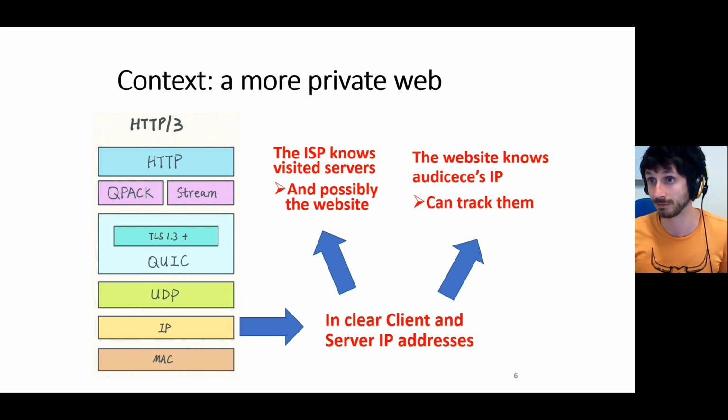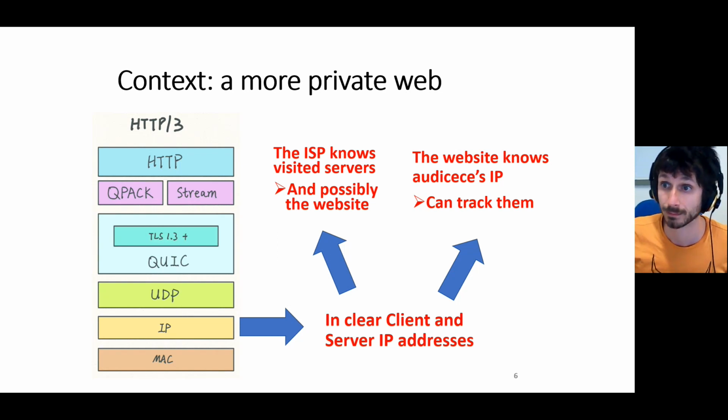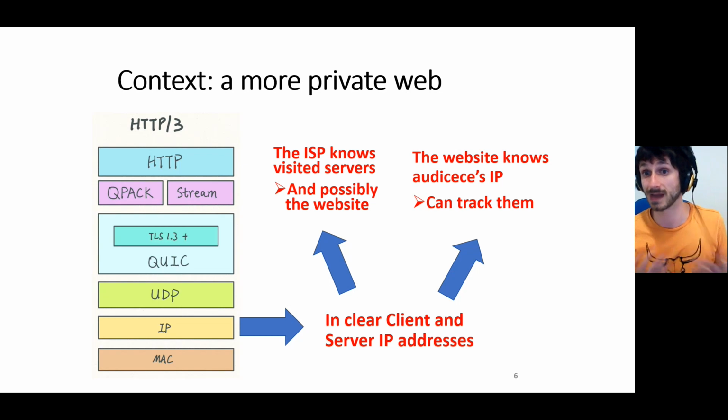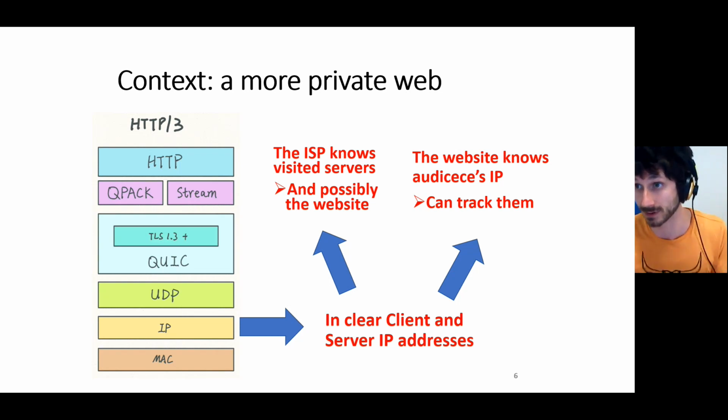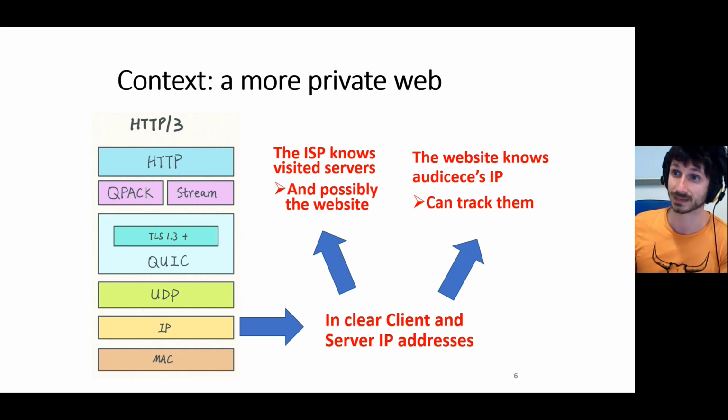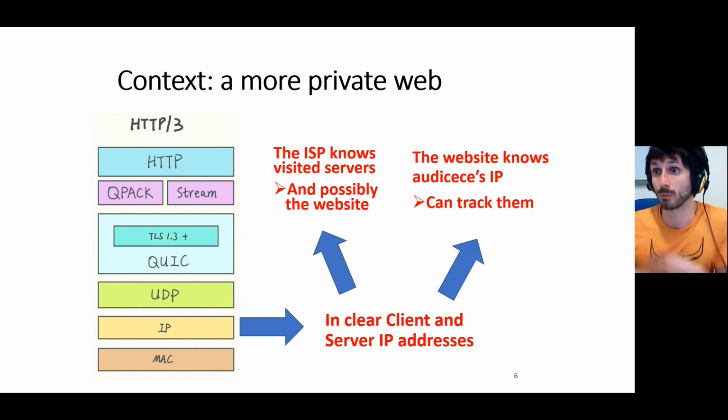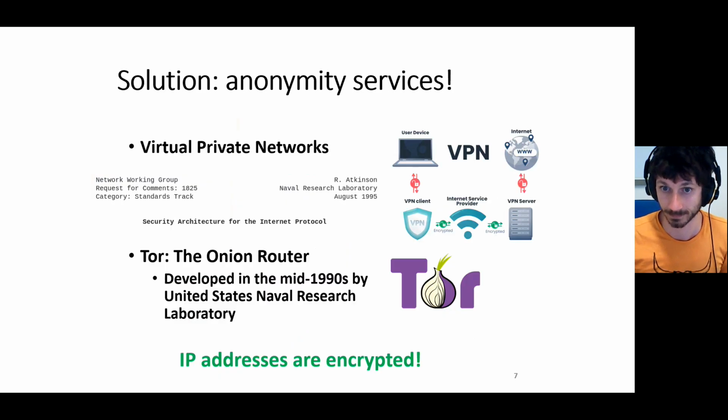This can be an issue if you really care about your privacy, because by watching the addresses, for example, your ISP can know the servers you access and potentially link them to the website you access. And also the website can track your client IP to accumulate knowledge on you and potentially to find your identity.